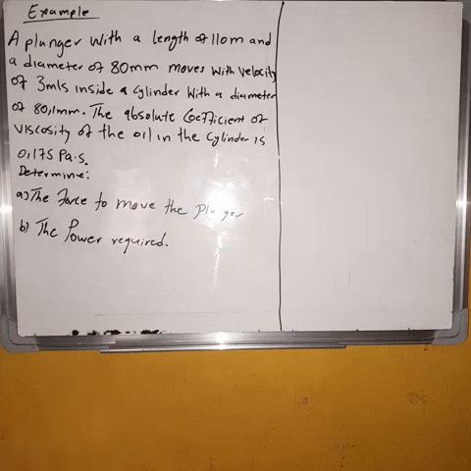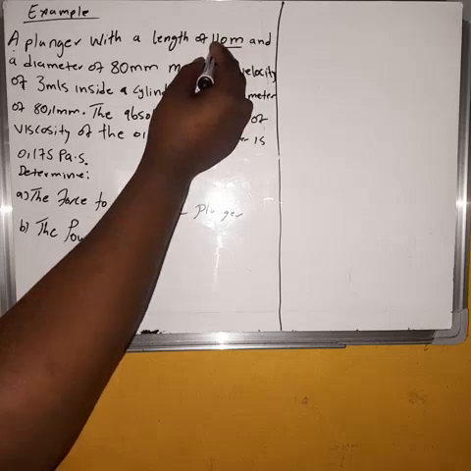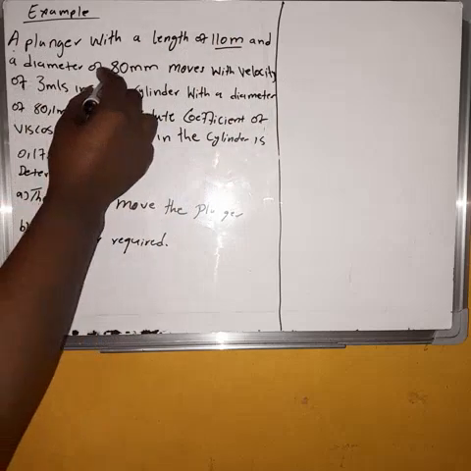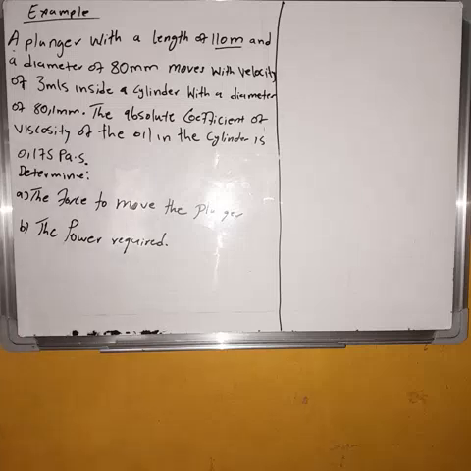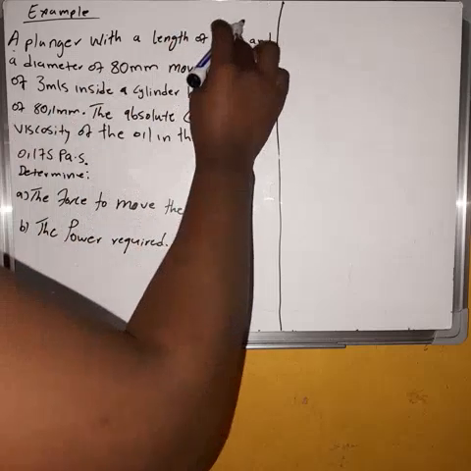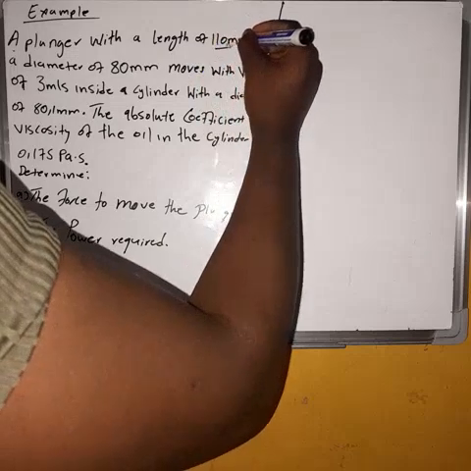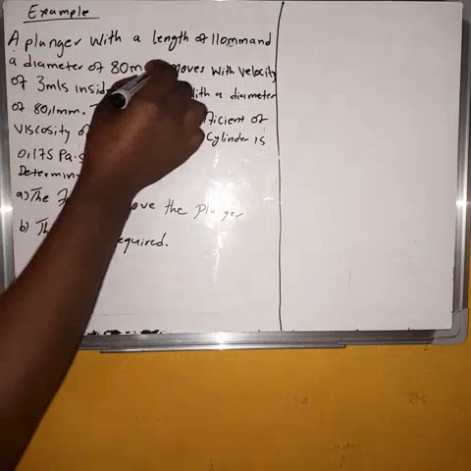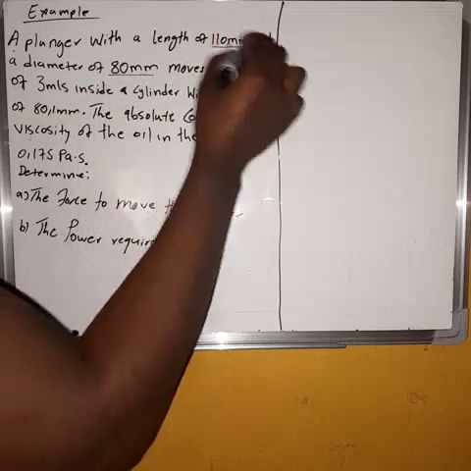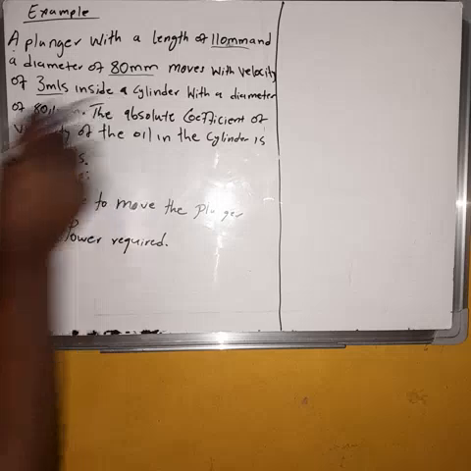The example reads as follows. A plunger with a length of 110 millimeters and a diameter of 80 moves with a velocity.